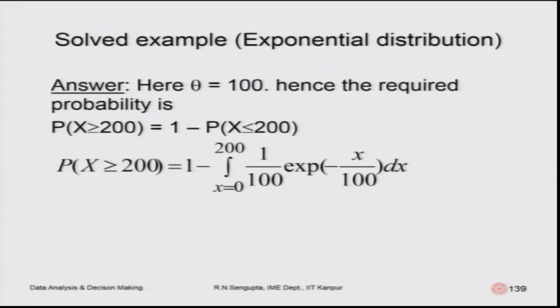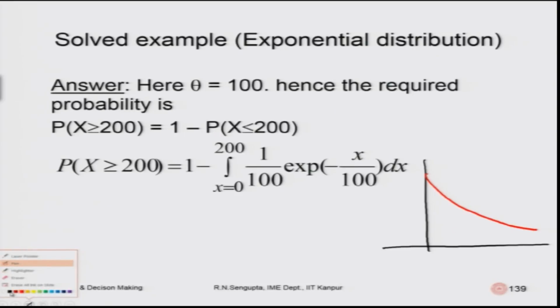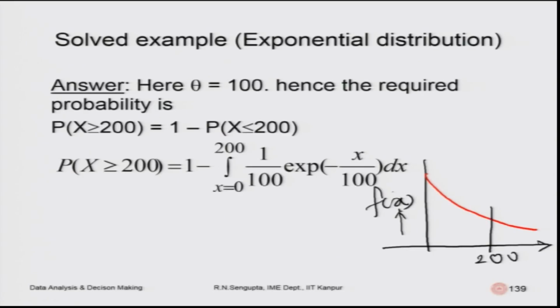When you are integrating, let me use a dark color. So, this is the axis, and the distribution is this. Let me use the black color. This is, say, 200, and this is f of x, which is the exponential distribution.